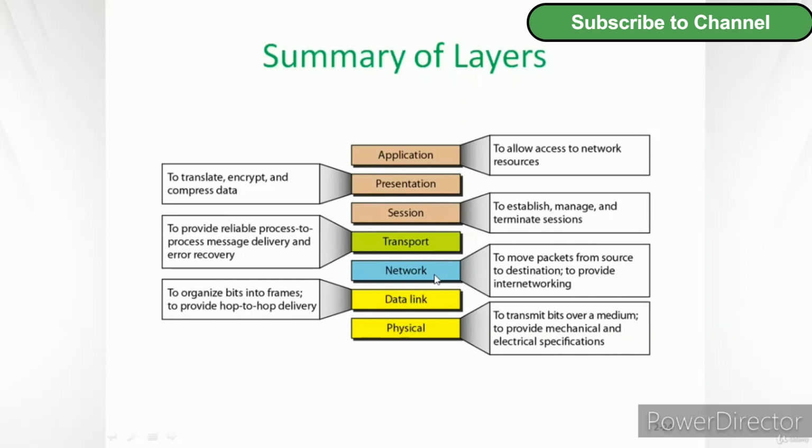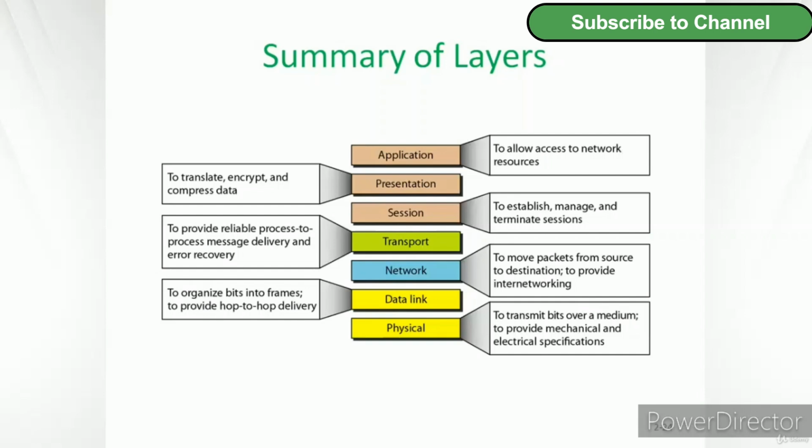Then the network layer moves the packets from source to destination. Data flows at this layer in the form of packets from source to destination, and it provides internetworking. As I told you, logical addressing and routing are the functions of the network layer.